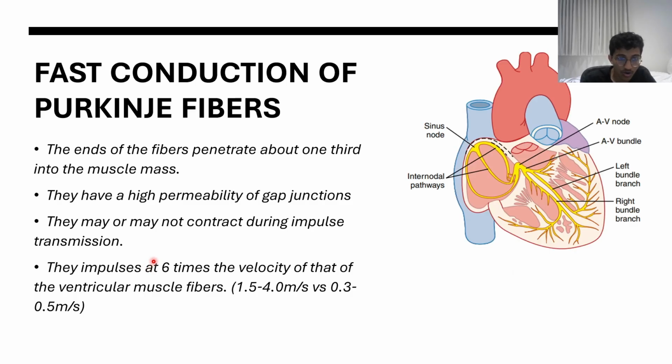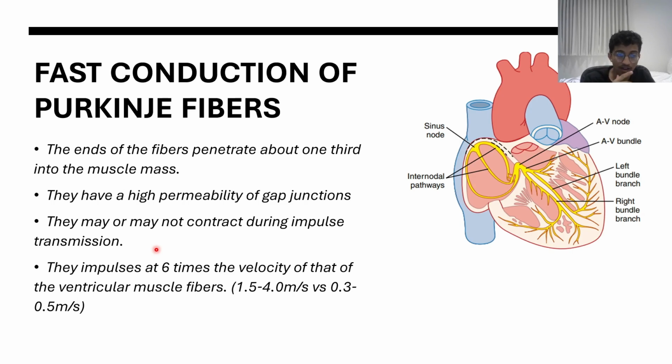Okay, so we said that the Purkinje fibers carry the impulse at very high velocities, and the ends of these fibers penetrate about 1/3 into the muscle mass of the ventricles. They have high permeability of gap junctions. Like we said, here we have a very high velocity of impulse transmission, so we need high permeability of gap junctions, a lot of gap junctions.